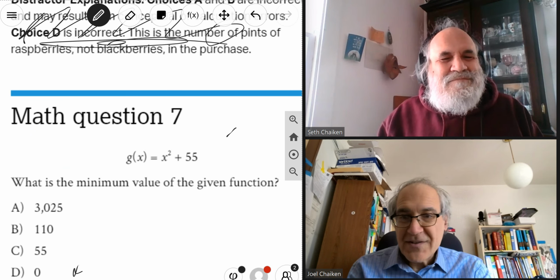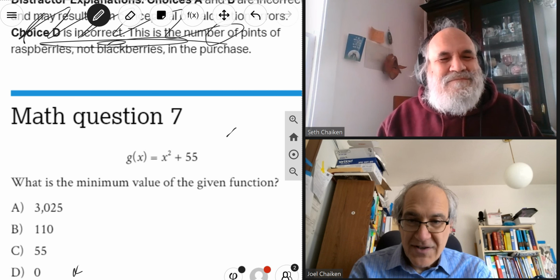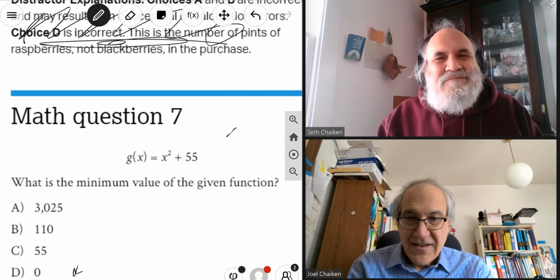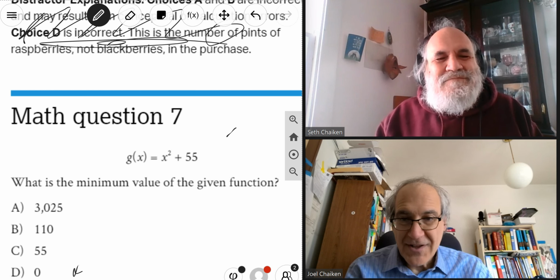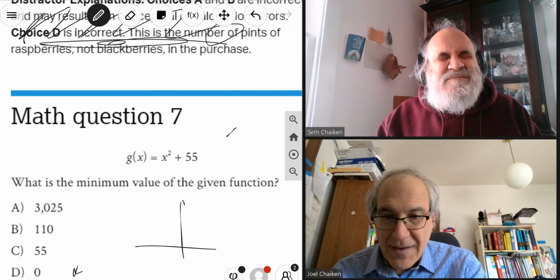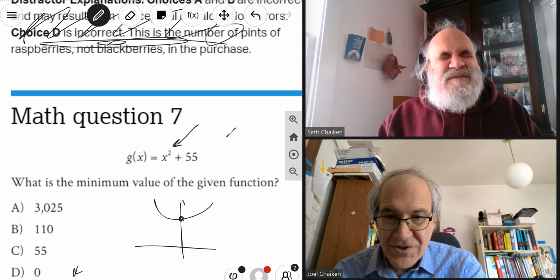So why don't you pause it. Hopefully when you paused it, you only paused it for a very short time because it looks like the answer to this is 55. This is a parabola, and the minimum happens when x is 0, so the minimum of the function is 55.